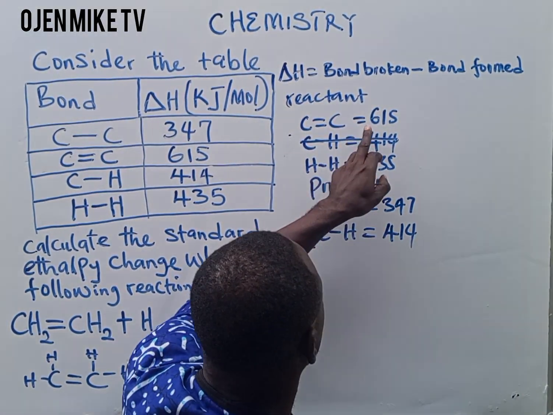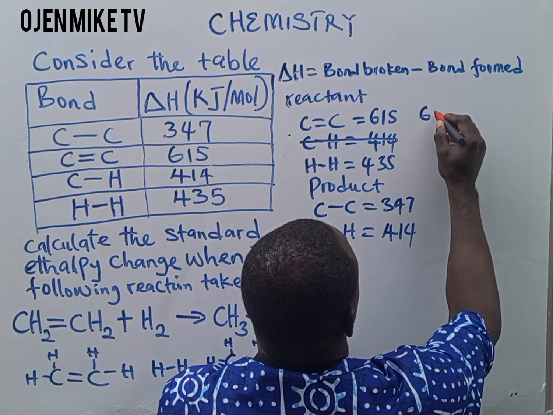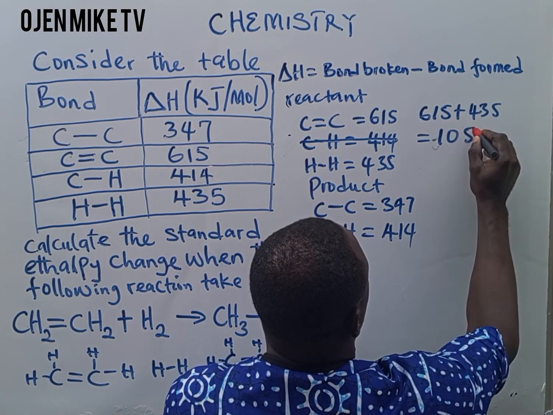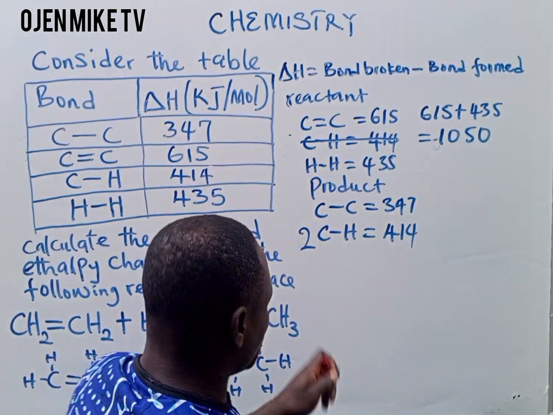So now you are going to add this one and this one: 615 plus 435 is 1050. That is for the reactant. Now let's proceed to this one.